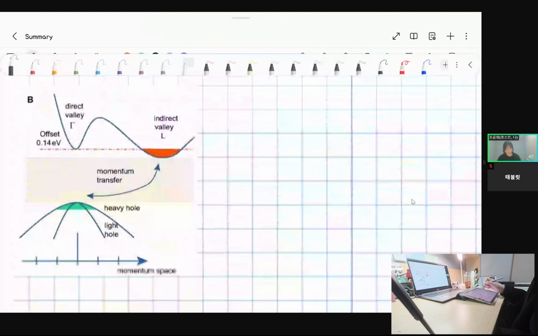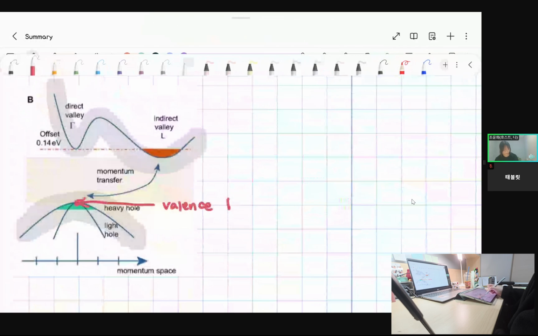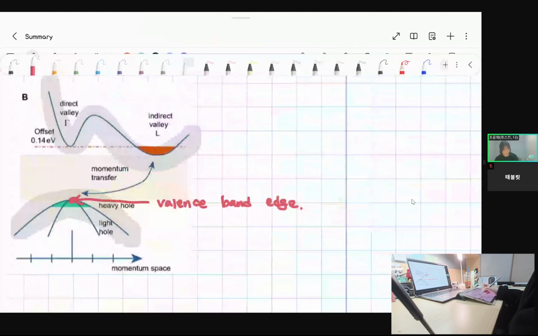The second EK diagram is a little bit different from before. We can also see this line and this line. So this is the valence band edge, and this is the conduction band edge.